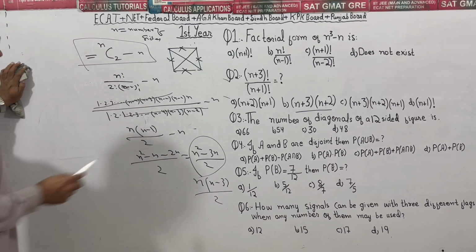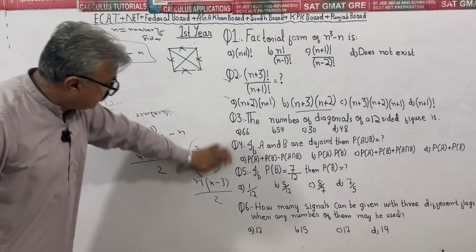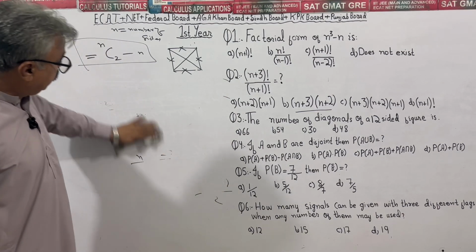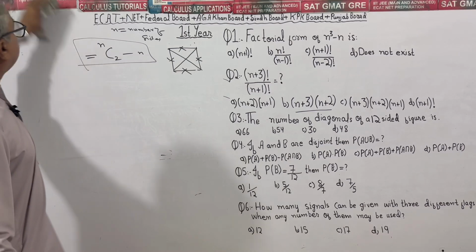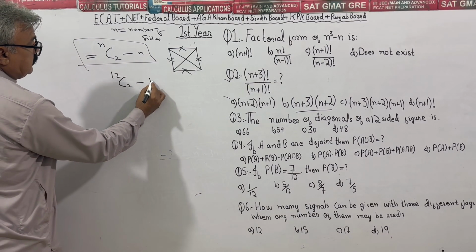Okay, cool. Now I am in a position to find the number of diagonals when the number of sides is 10, or when the number of sides is 12. The value of n is 12: 12C2 minus 12.